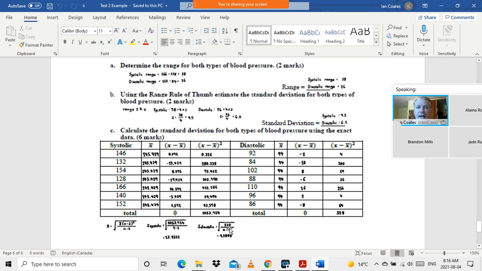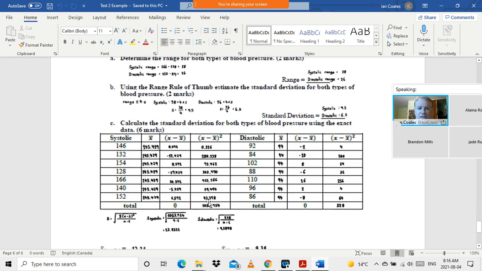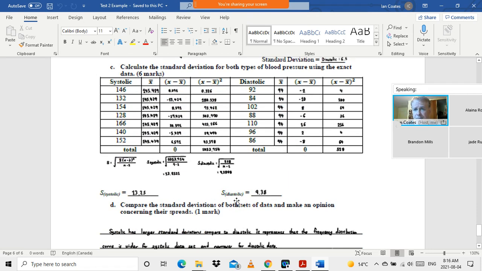As long as you filled this out, even if you had the wrong answers, you still got part marks. The standard deviation for systolic was 13.25, and for diastolic was 9.38. If there might have been a marking mistake, let me know and we'll change that, no problem at all.